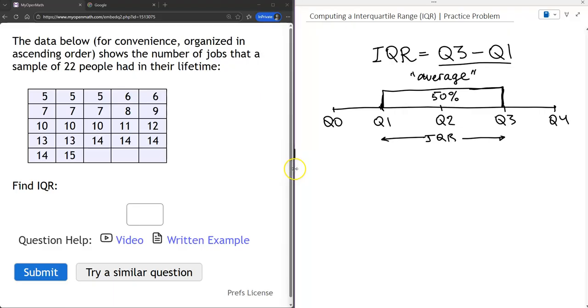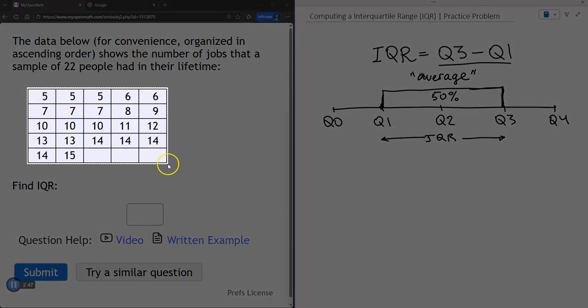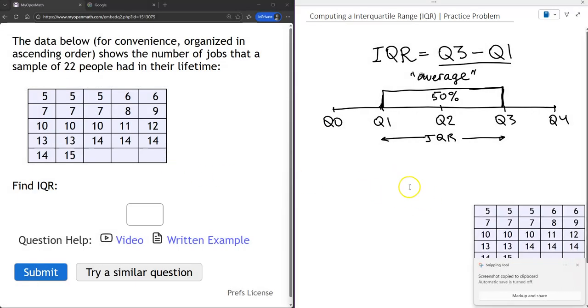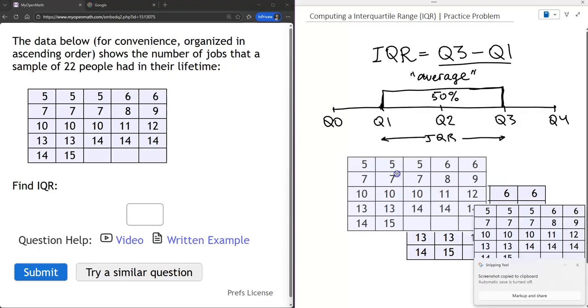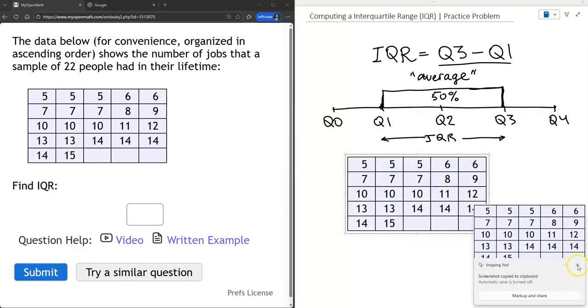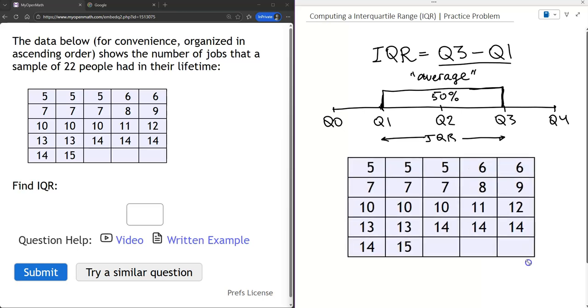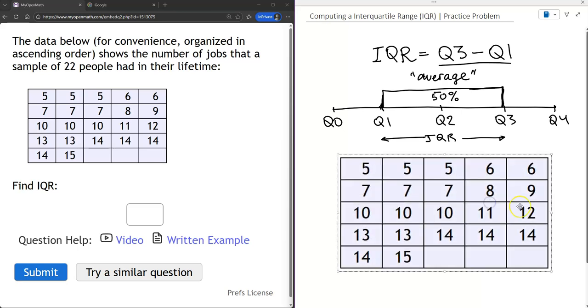So in order for us to find the IQR, we need to find Q3 and Q1. To find Q3 and Q1, we probably want to arrange the data in order, which is already done, and we need to start looking for the median.